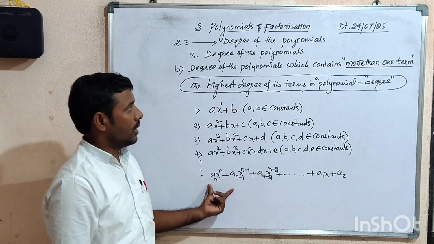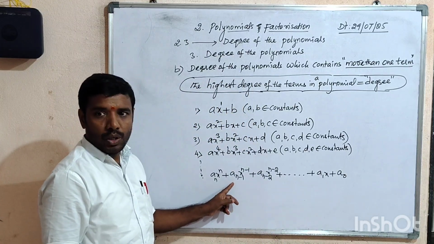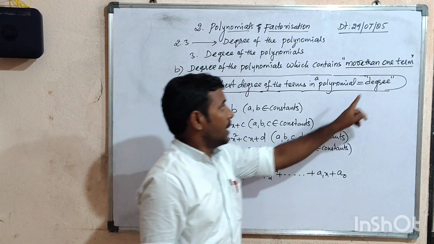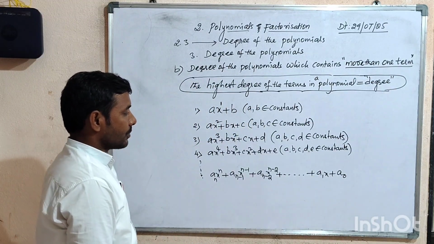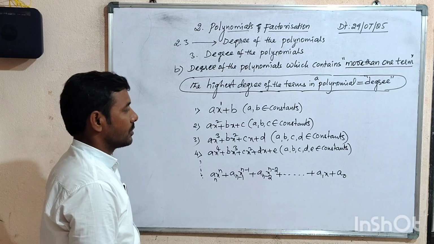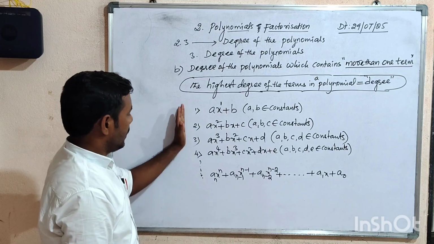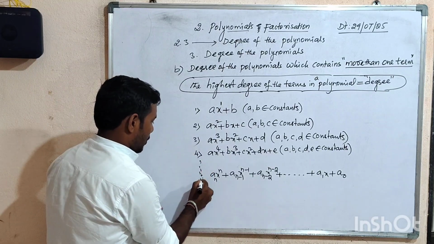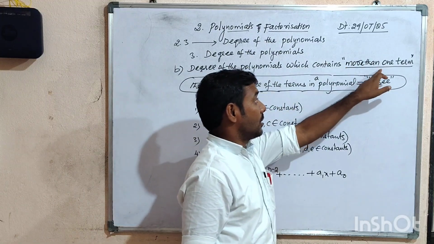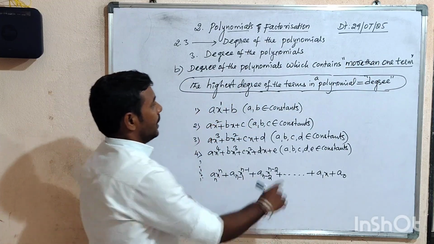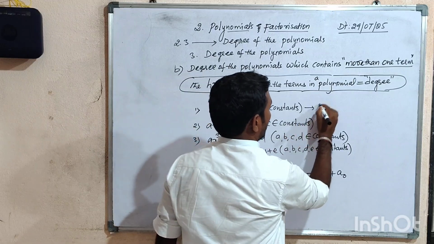This is what I mean. It is one of the polynomials which contains more than one term. Anyhow, we took a few polynomials which have more than one term. Just let us see the degree. Next task, what is the degree?